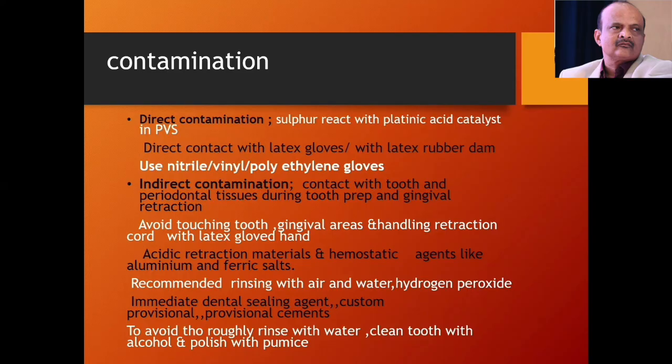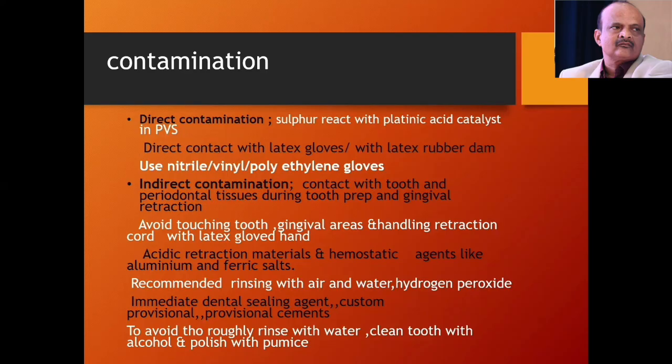Next, acidic retraction materials or hemostatic agents like aluminum salts or ferric salts may also cause contamination of the impression material. Hence it is recommended to wash these areas after retraction with air and water, or with hydrogen peroxide, or with mouthwash.